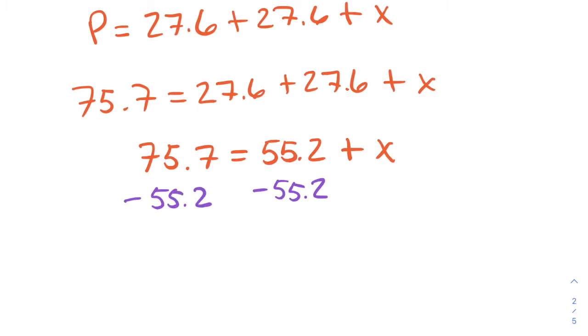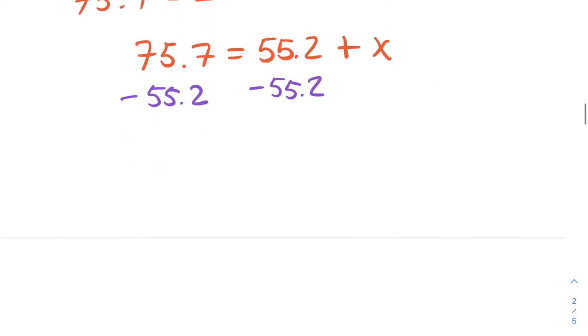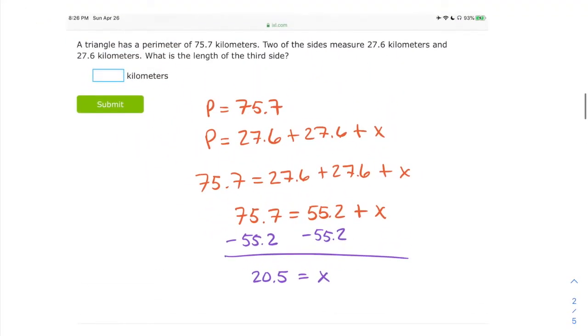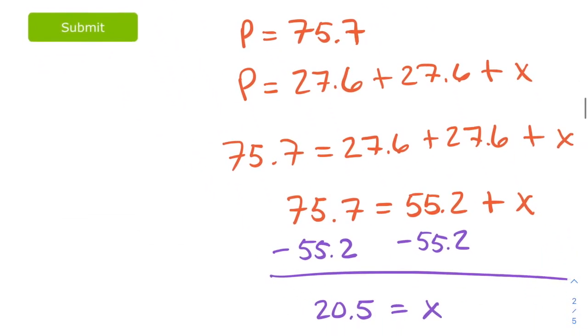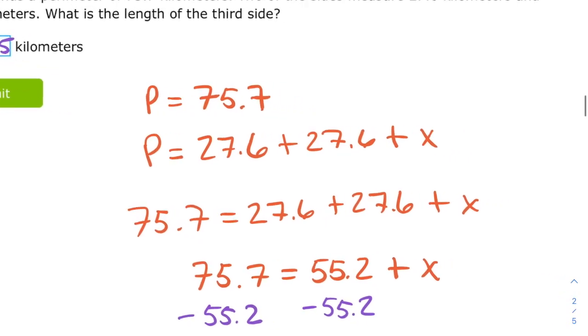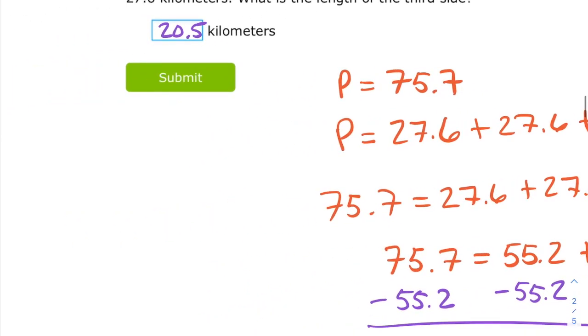So minus 55.2. So we get 75.7 minus 55.2. I get 20.5 equals x. So the last side is 20.5 kilometers.